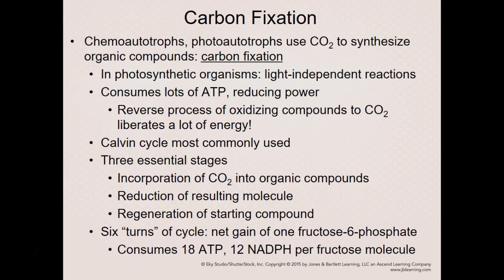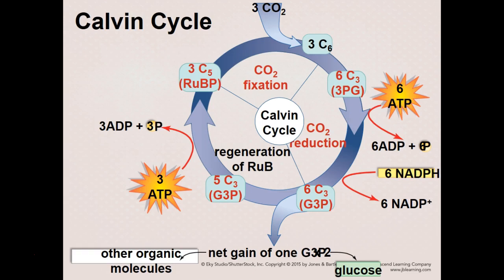The first process is going to be fixing the carbon dioxide, which is a 1-carbon molecule, and we fix it to a 5-carbon molecule that immediately becomes unstable and breaks down into 2 3-carbon molecules. So let's just look at it this way. 1 carbon dioxide comes in, attaches to a 5-carbon RUBP molecule.